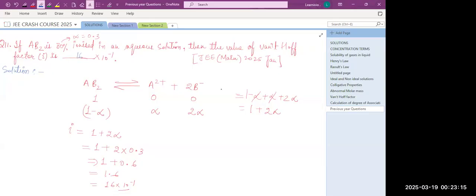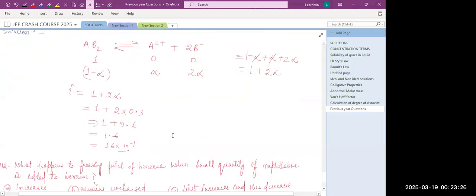That's how we can calculate the van't Hoff factor of the given compound. First, write down the ionization equation. Then, after that, calculate the van't Hoff factor like this. Clear? Is there any doubt? Clear, ma'am.